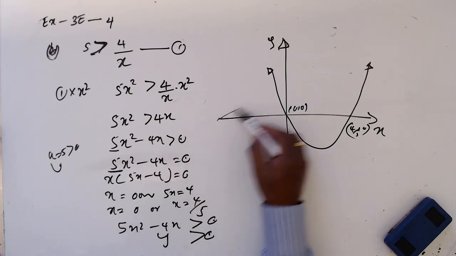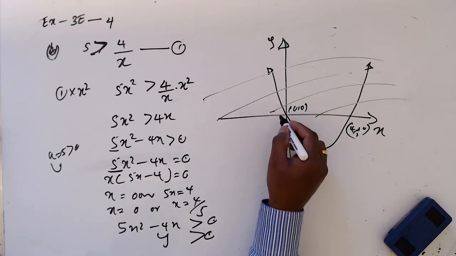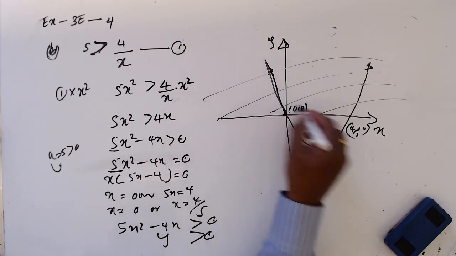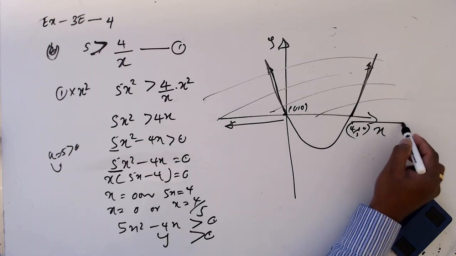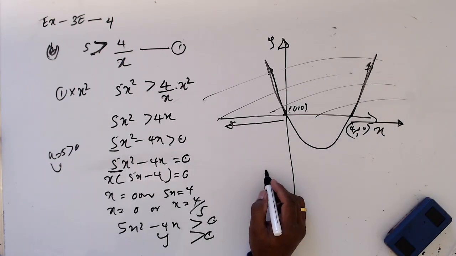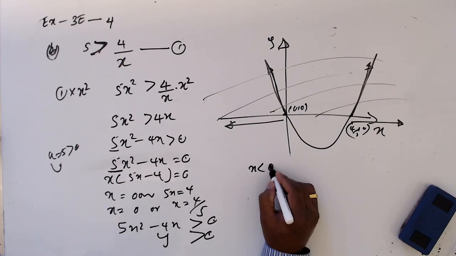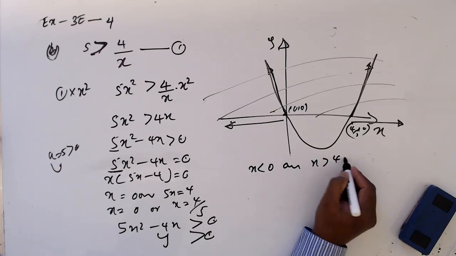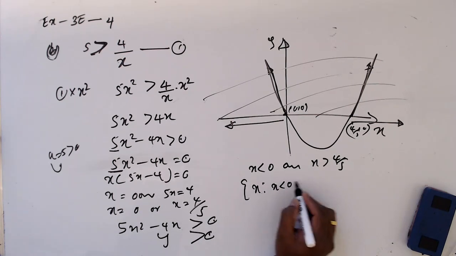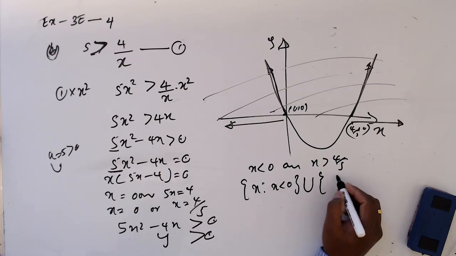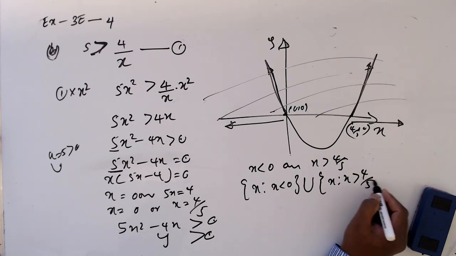Y greater than 0 is the area in a plane, this is the area. In this graph, in terms of x, this is the area. So you can write x less than 0 or x greater than 4 over 5. In terms of sets, x less than 0 and x greater than 4 over 5.